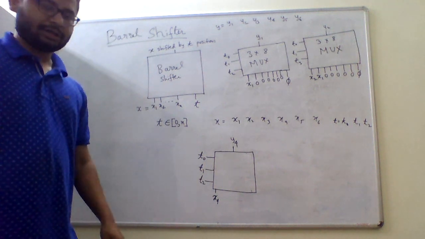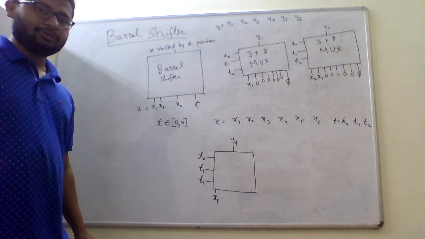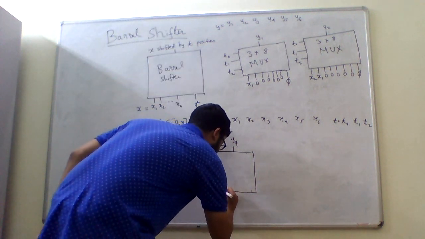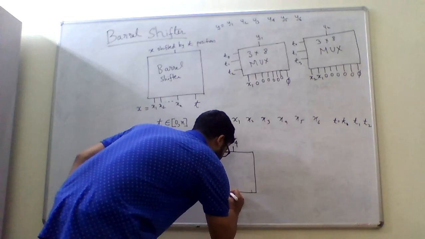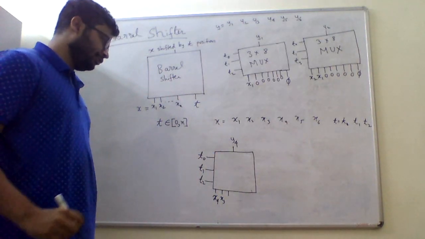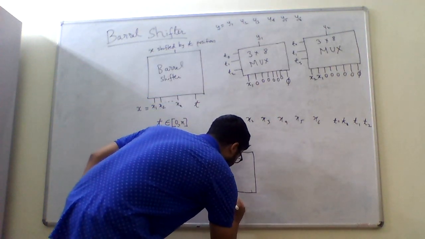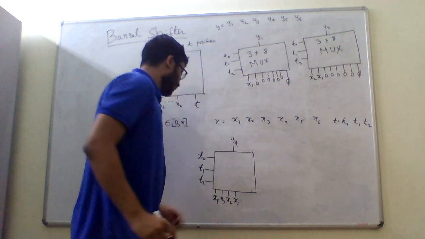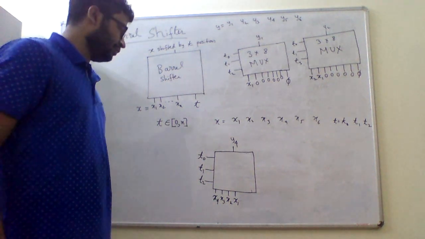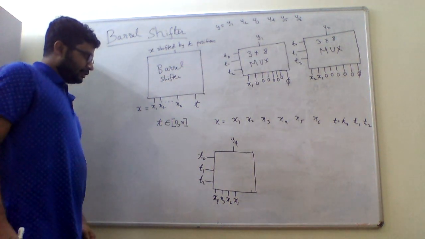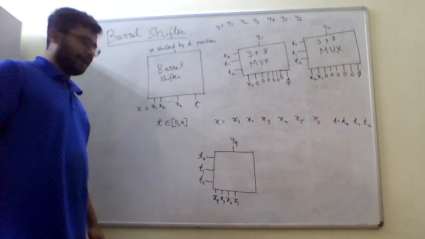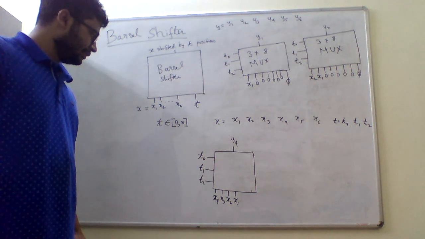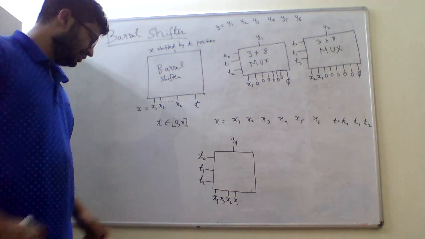If t is equal to 1, y4 is equal to x3. Sorry, I think I made a mistake.